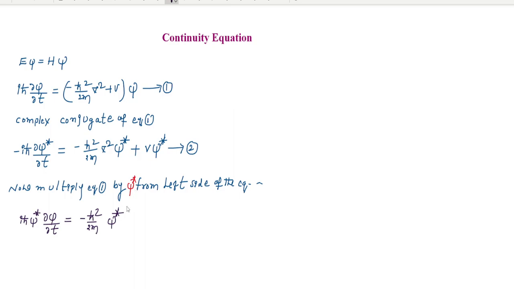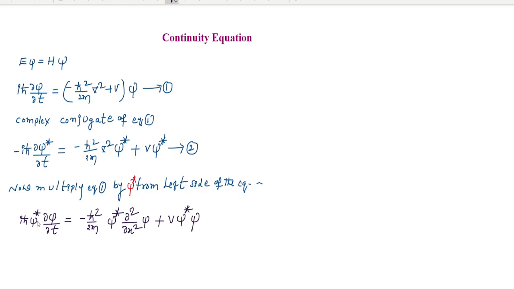The space coordinate appears in the form of a second order derivative. So it is better to write the second order derivative in the space coordinate of wave function psi, plus the potential energy, which is nothing but a scalar quantity, so there is no effect of multiplying like this.